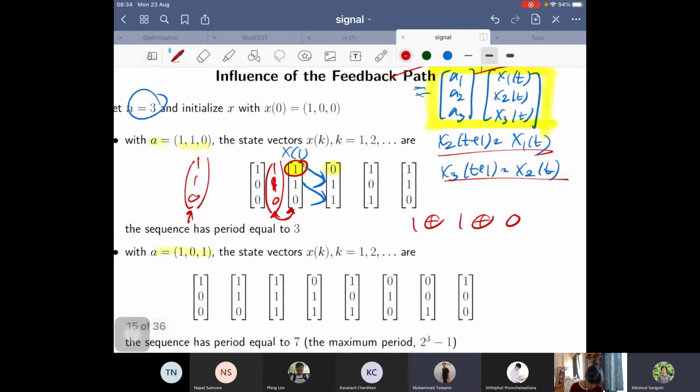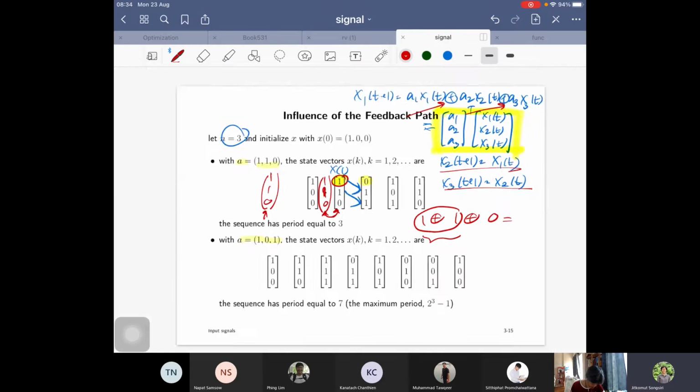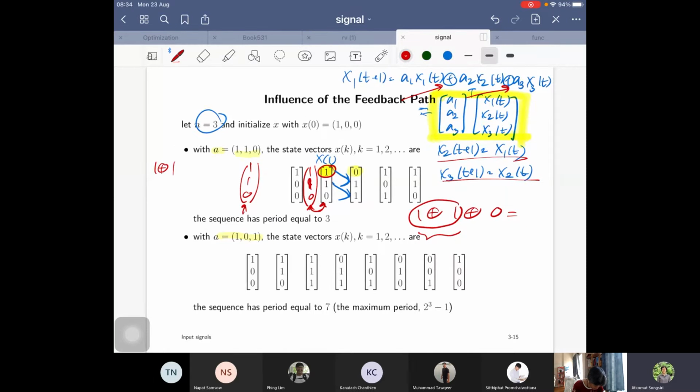Yes, but what is the result? 1. What is 1 XOR with 1? We have the table previously. 0. Yes, 0. All right.